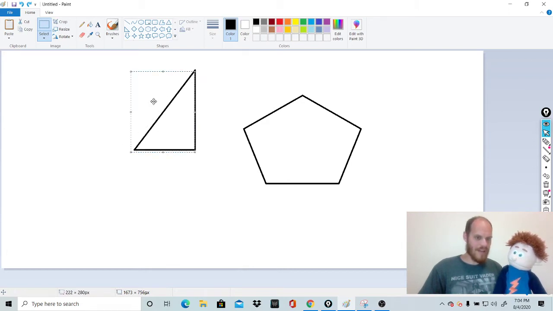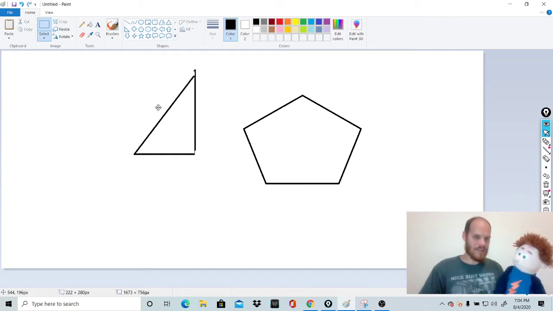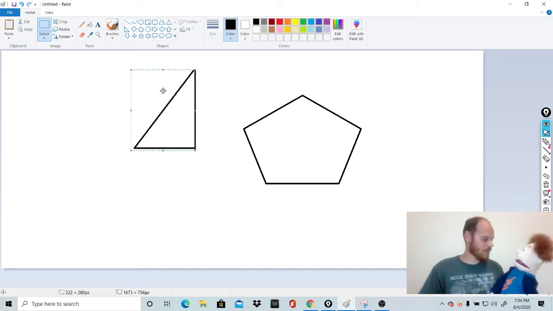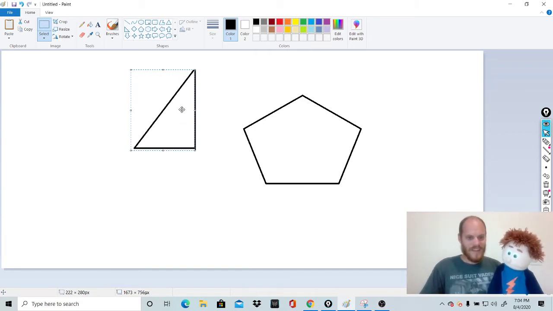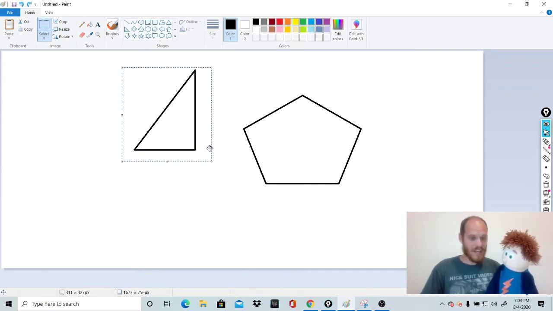With that shape, I can translate it. You broke it. What are you doing? Oh, got it. I selected the shape wrong, so we're going to do that again.